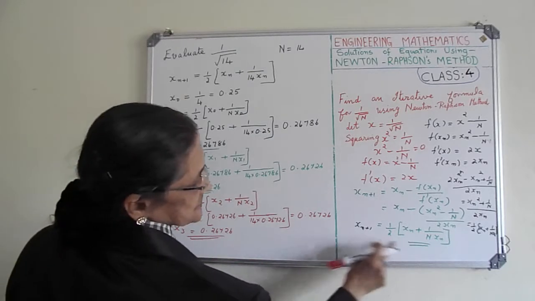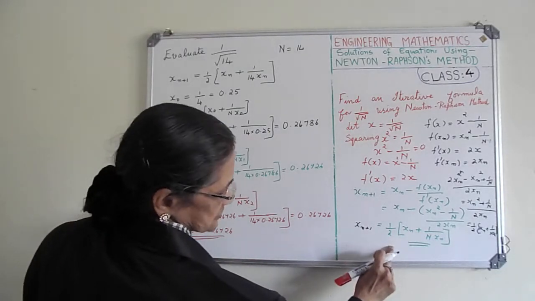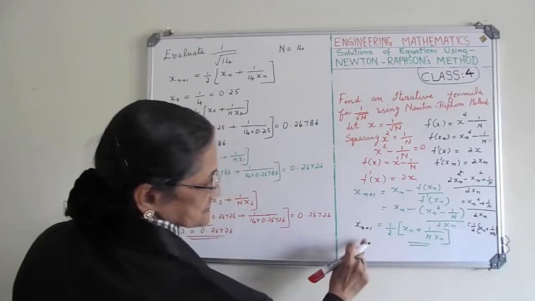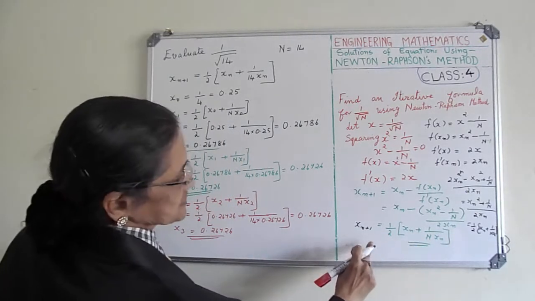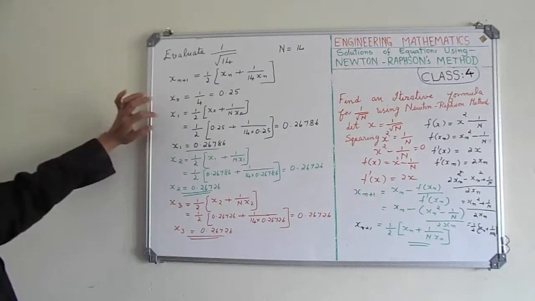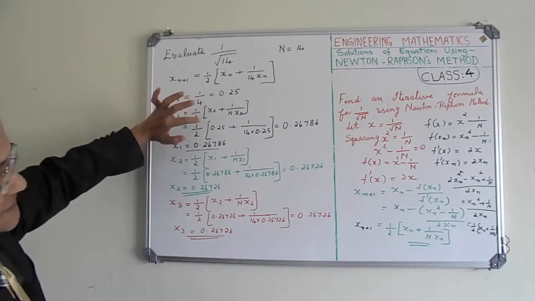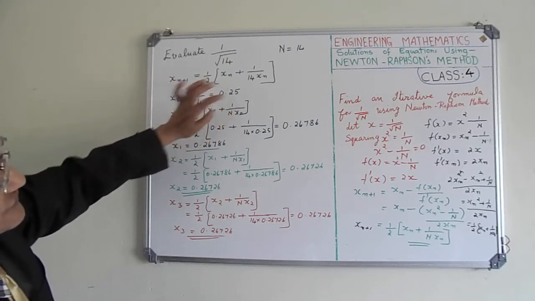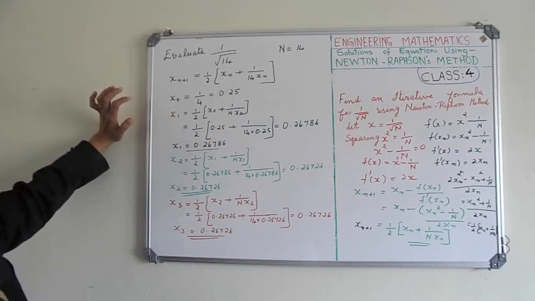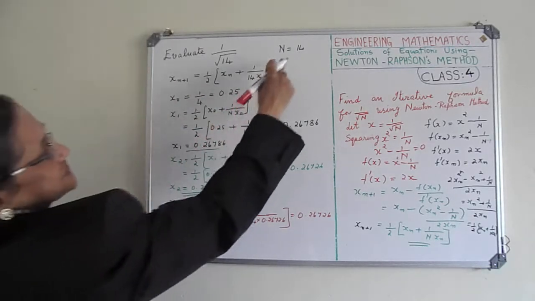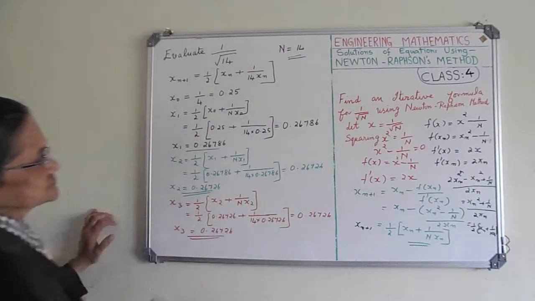Now, in the formula x(n+1) is equal to half times (xn plus 1 upon n times xn), the first approximation is obtained by putting n equal to 0. When n equal to 0, we have x1 is equal to half times (x0 plus 1 upon n times x0). We have x0 is equal to 0.25 and n is equal to 14.